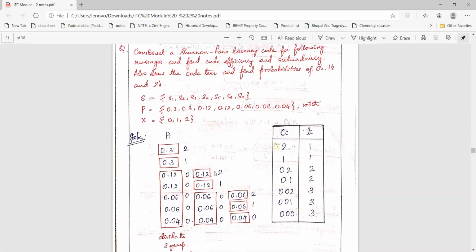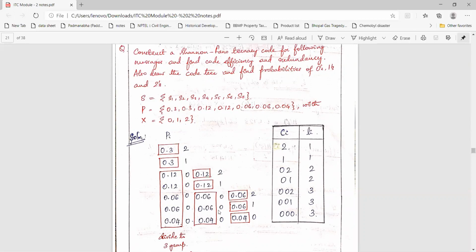The first 0.12 will form subgroup 1. The second 0.12 alone will form subgroup 2, and 0.06, 0.06, and 0.04 together will form subgroup 3. Now I'll assign values 2, 1, and 0 to subgroups 1, 2, and 3 respectively. Then these two subgroups cannot be divided further, so I leave them as they are.